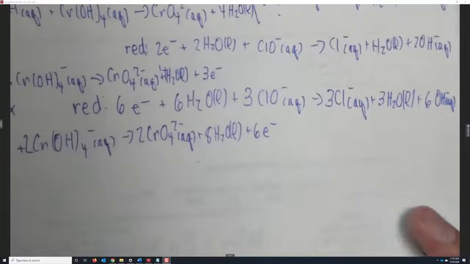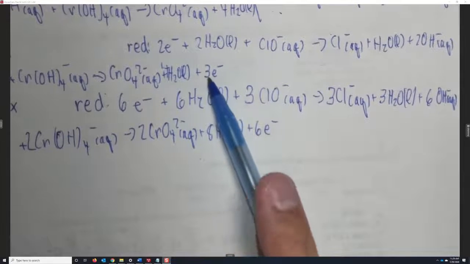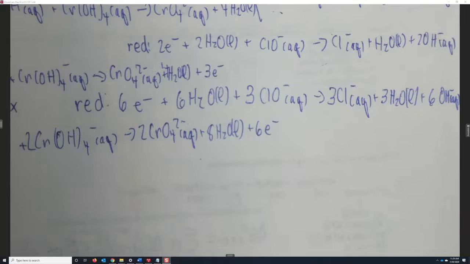All right, so I multiplied everything by 3 to make this 6, and this one I multiplied everything by 2 to make this 6. And if you multiply one thing, you have to multiply everything.